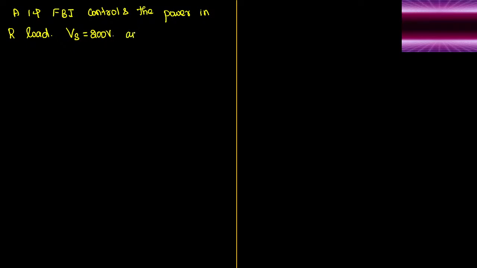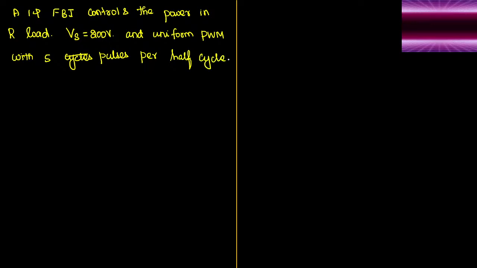Under uniform pulse width modulation technique, we are applying uniform pulse width modulation with 5 pulses per half cycle.